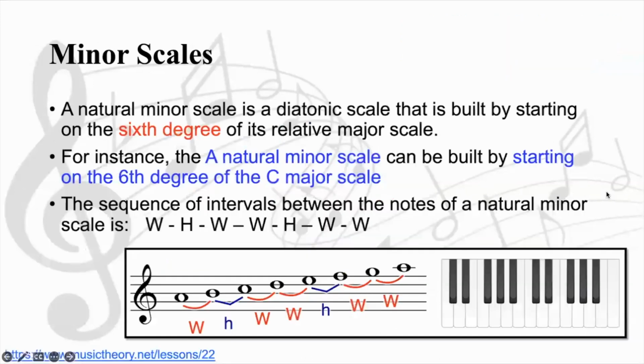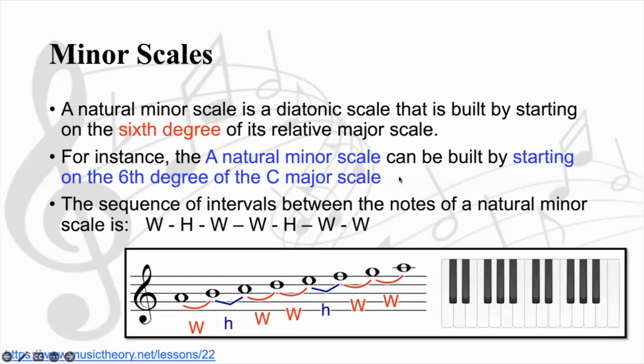And then we come to the minor scale, a natural minor scale. When we talk about minor scale, we are talking about natural minor scale. It's a diatonic scale that is built by starting on the 6th degree of its relative major scale. Last time we talked about the 6th degree. For example, now here we have A natural minor scale.